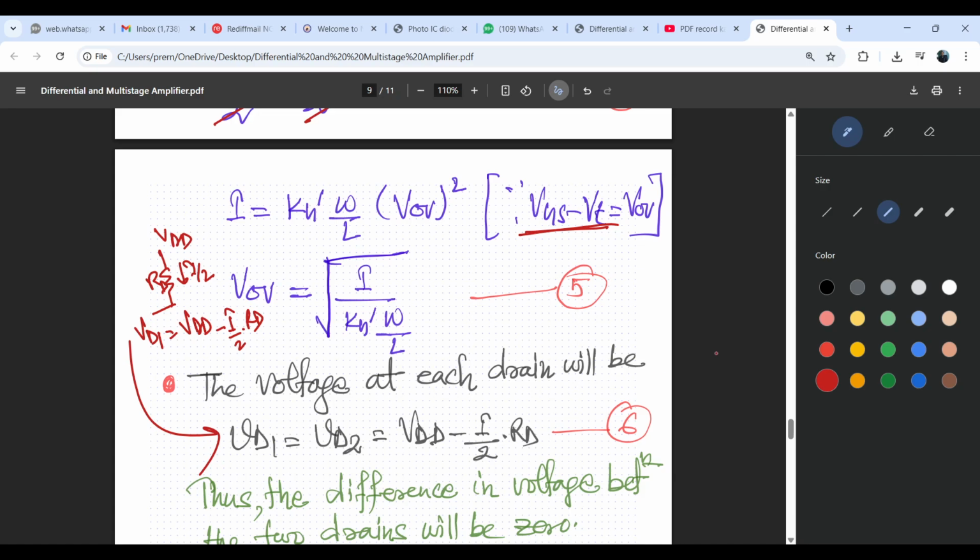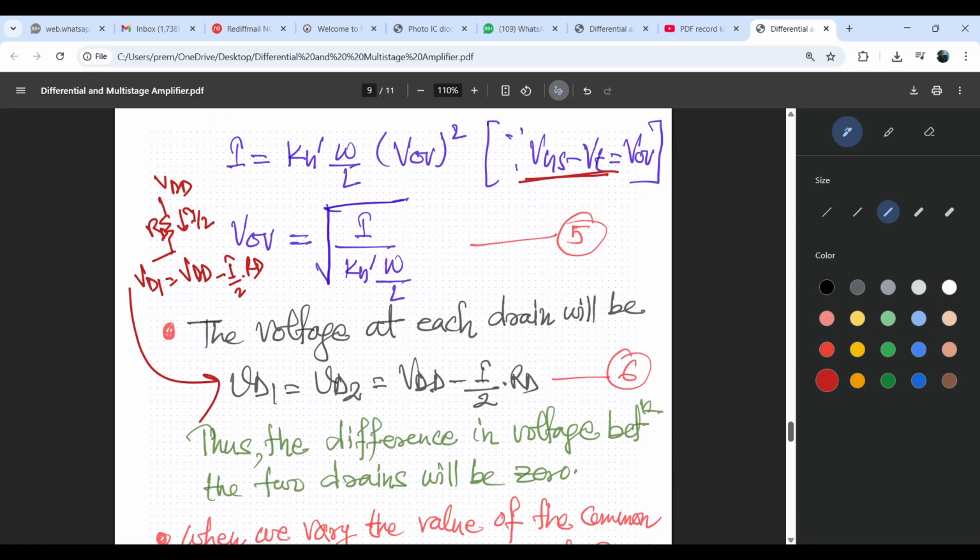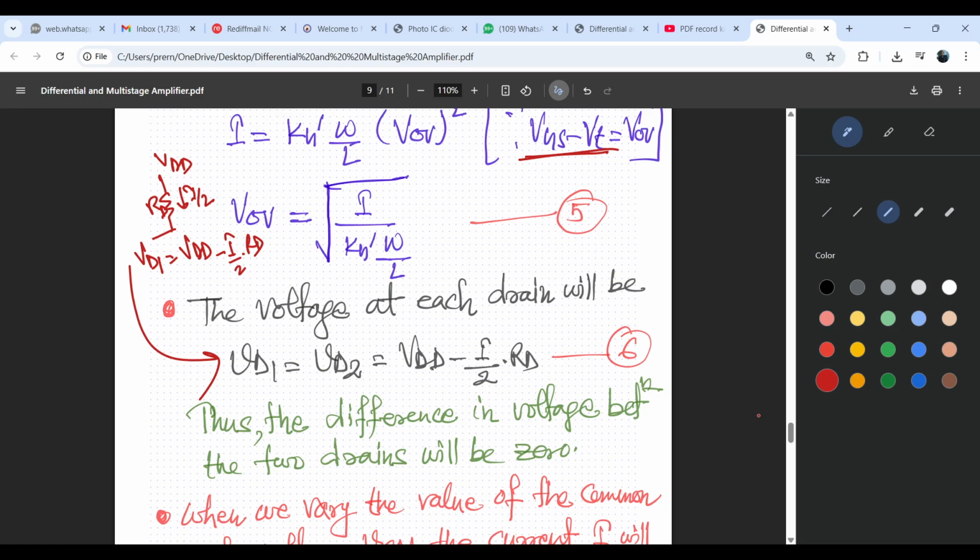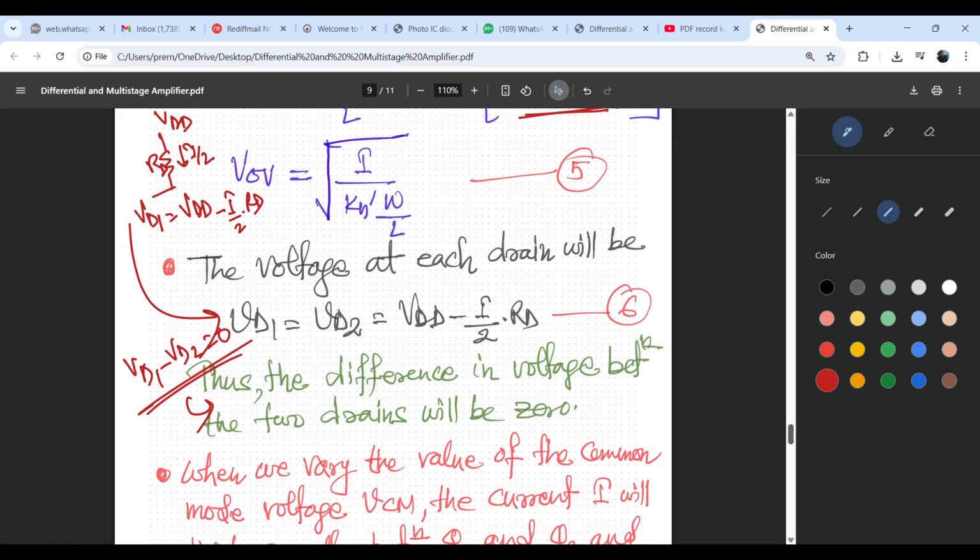Now the difference between the voltages at the two drains, VD1 minus VD2, will always be 0. Thus the difference in voltage between the two drains will be 0.